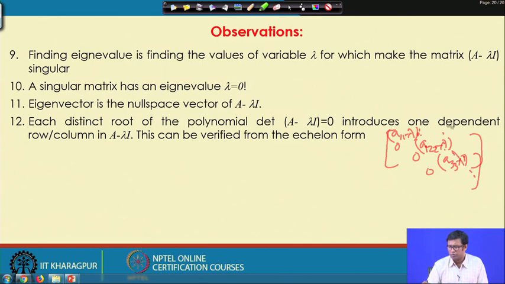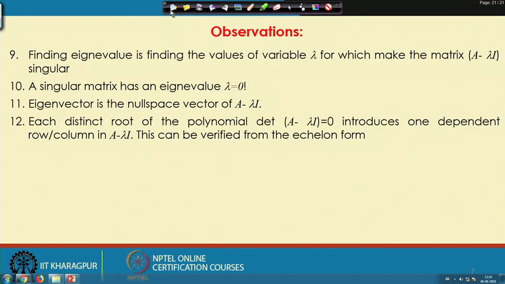So, if one lambda is one root of this equation, then this A 2 2 minus lambda term will be 0, because the determinant has to be 0. So, if this is 0, this is a 0 pivoted column, and that will be a dependent row or column. So, one distinct root will enforce one dependent column or one dependent row in A minus lambda I, by making the pivot of A minus lambda I 0.